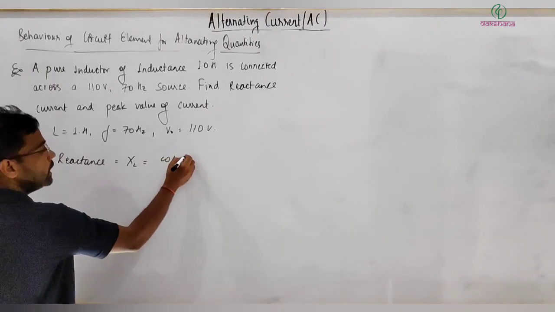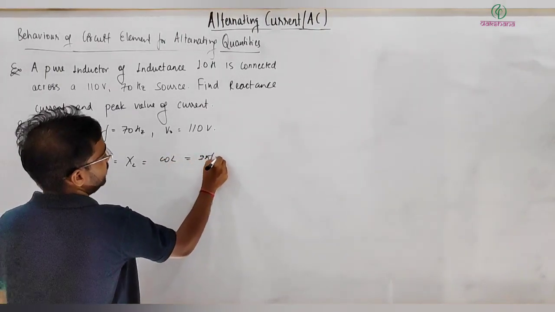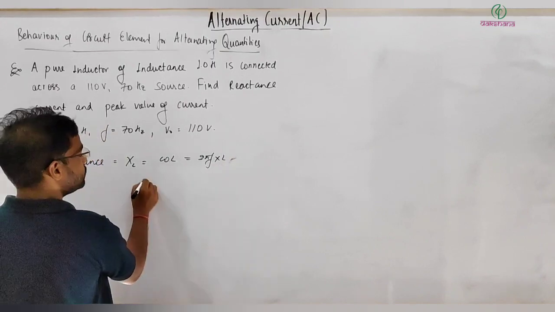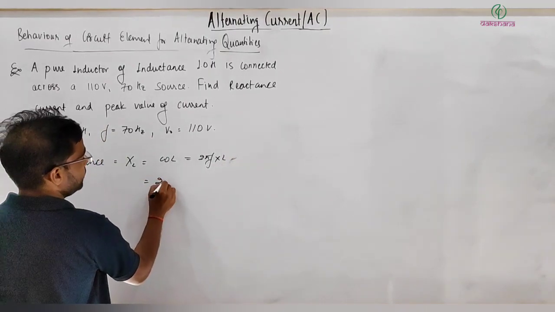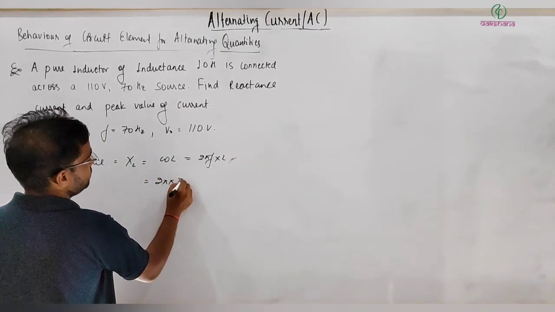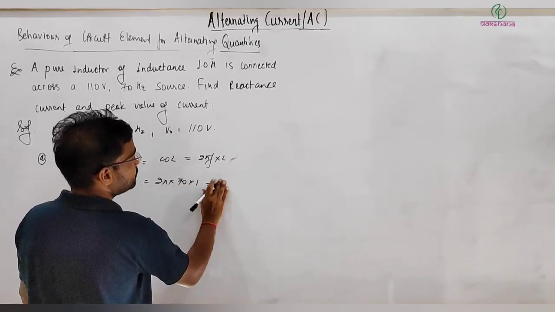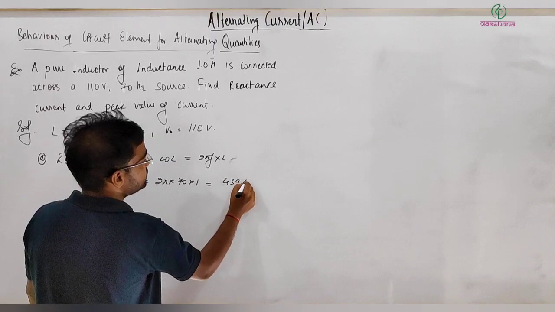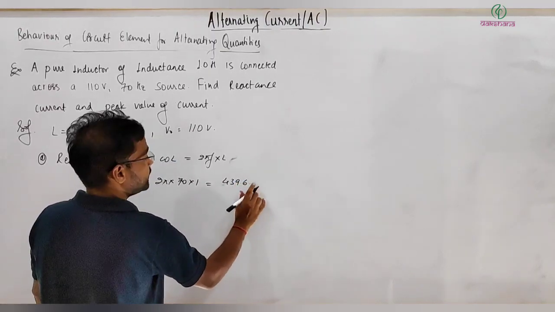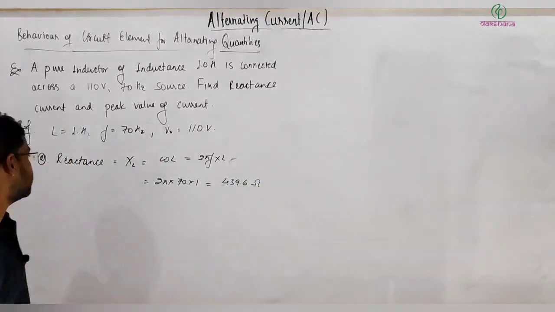Omega times L, and this is 2 pi F times L. We substitute the values: 2 into pi into F, which is 70 hertz, into 1. Simplifying it, you will get 439.6. This is the inductive reactance, the unit is ohm, right?